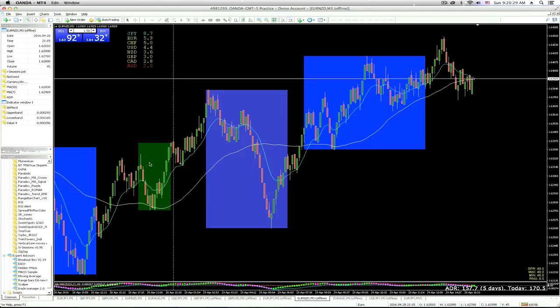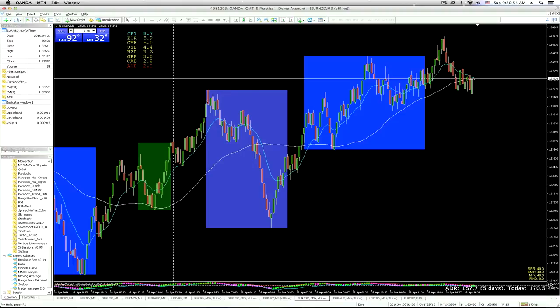This is the Asia Open, which in New York time would be 8 p.m. currently. When we're not on daylight savings time, that would be 7 p.m. New York, or 4 p.m. on the west coast of the United States.